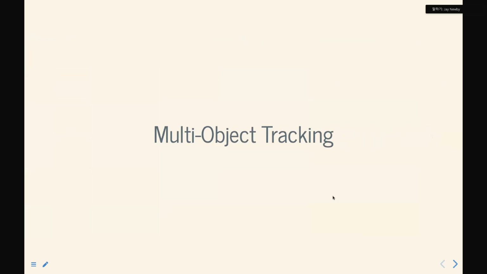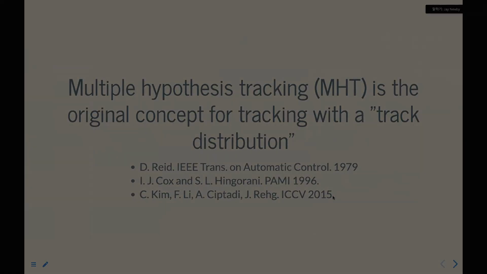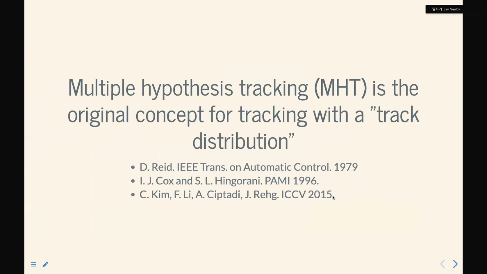So now I want to move into multi-object tracking. We'll just assume we've got a good convolutional neural network that's giving us very few false positives, but probably quite a few false negatives in some circumstances. Okay. So what I want to propose, and I'm definitely not the first to propose it, this idea goes back to 1979. I don't want a single set of tracks.